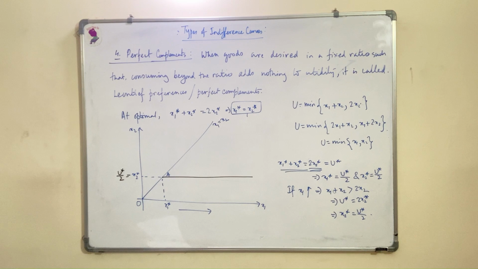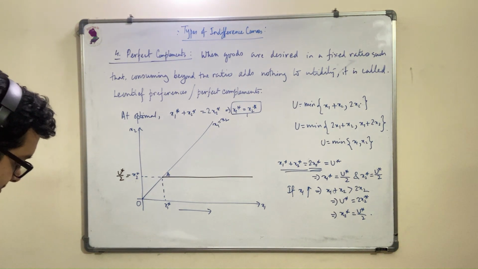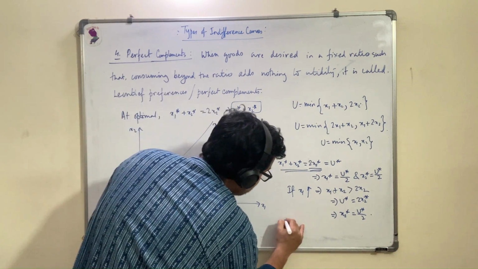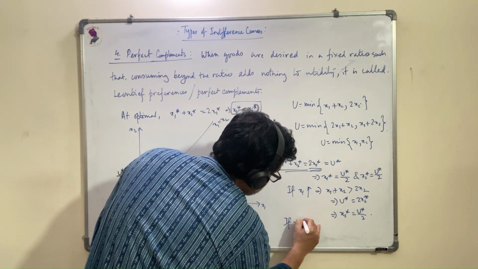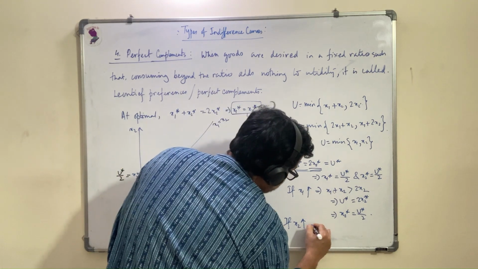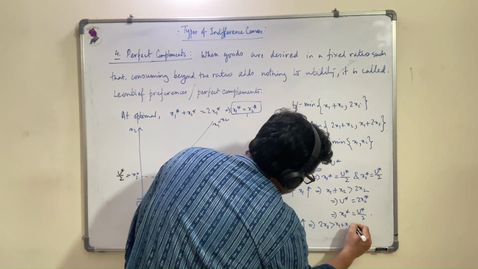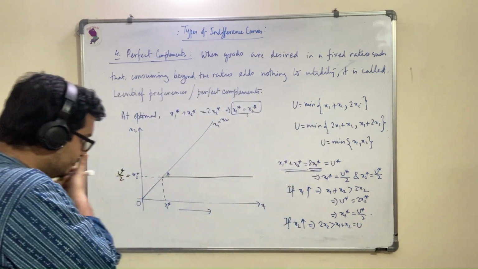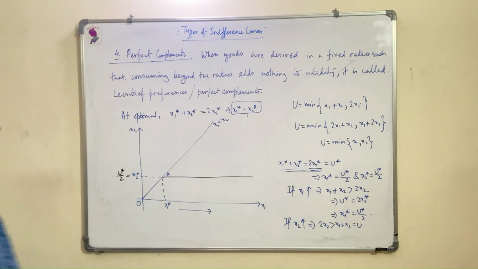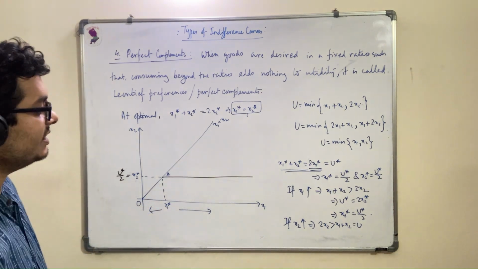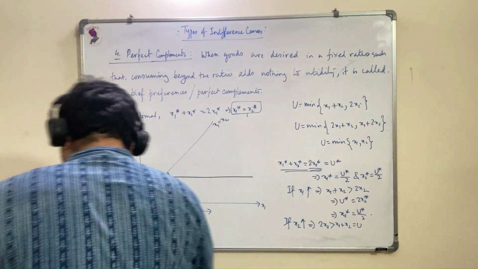Now what happens in the opposite direction? So if x2 increases, then 2x2 will be greater than x1 plus x2, and this will become your utility. So that means on this side the utility will follow this line x1 plus x2.